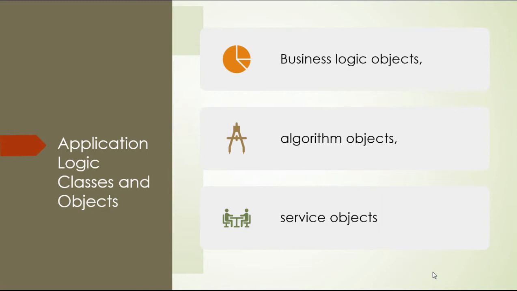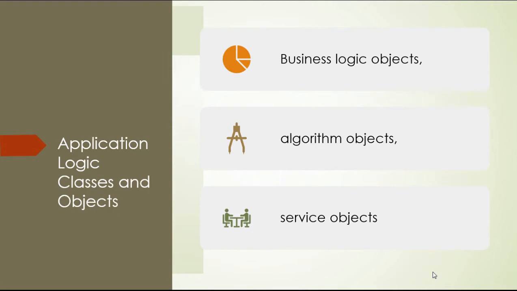So there are some activities, some processes in the application. It's not the data. They need also to be represented in the system. So these objects contain the details of this process or these activities.